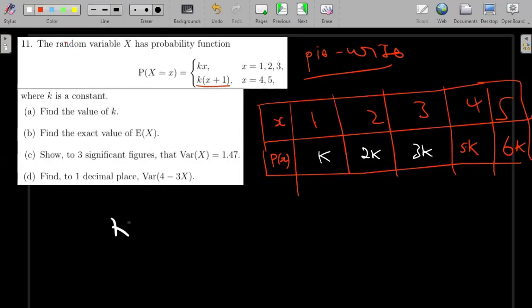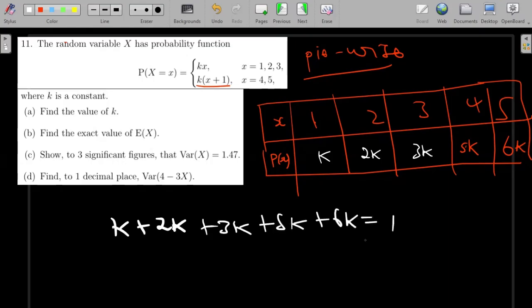So k plus 2k plus 3k plus 5k plus 6k should be 1. When I add all this, I get 17k equals 1. So k will just be 1 over 17.